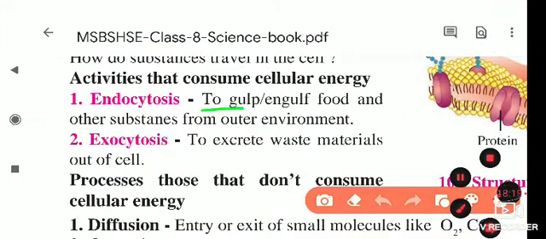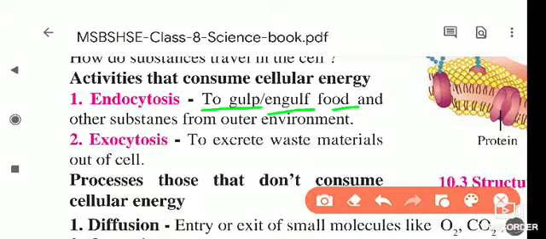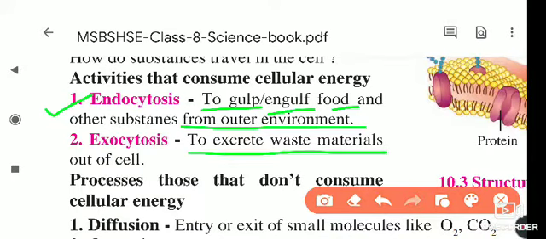So to gulp or engulf the food, engulf means to swallow, to gulp or engulf the food and other substances from the outer environment. This is called endocytosis. And to excrete the waste material out of the cell is called exocytosis. Okay, so these are the activities that consume cellular energy.